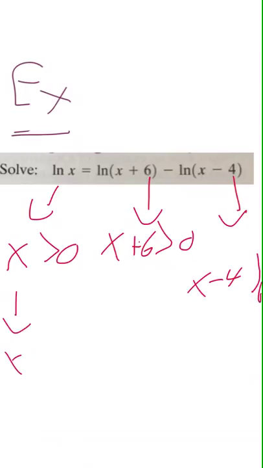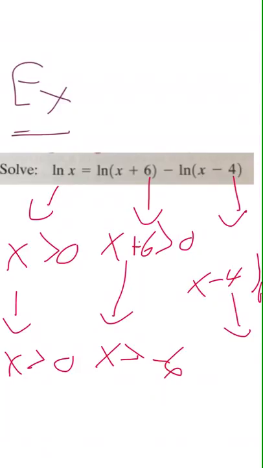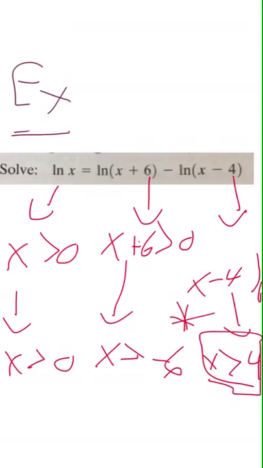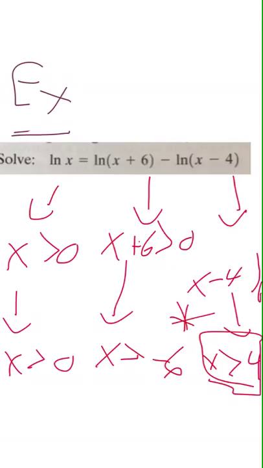That means x has to be greater than 0, obviously. This means that x must be greater than negative 6. This says that x must be greater than positive 4. Since all three of these have to be satisfied, you can just take all the x values that are greater than 4. That will make all of them work. All three of the logarithms will work that way. So just remember that whenever we get any values of x.